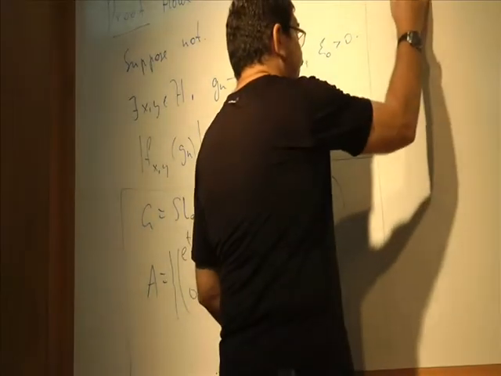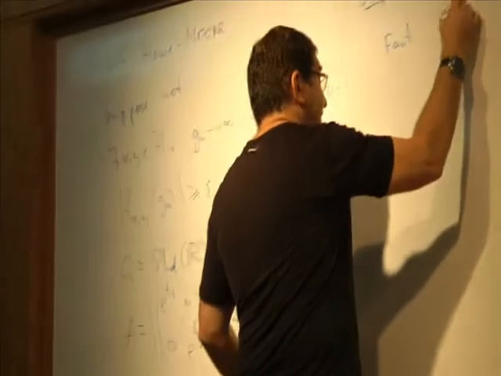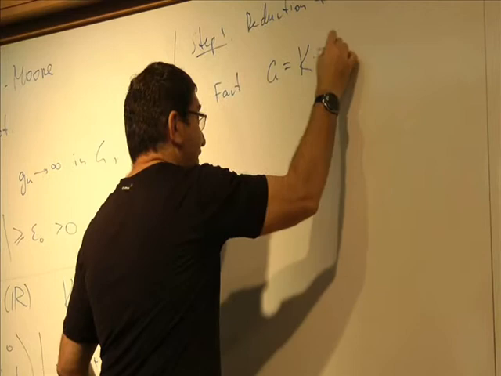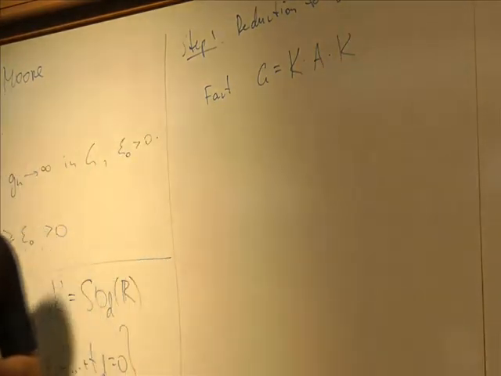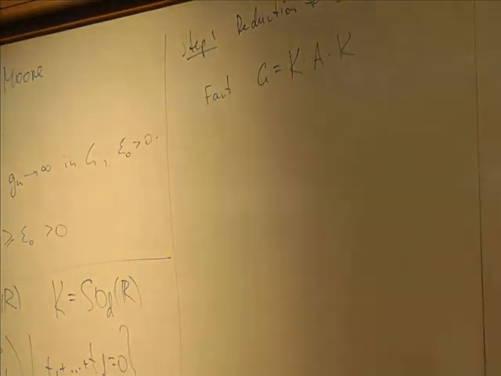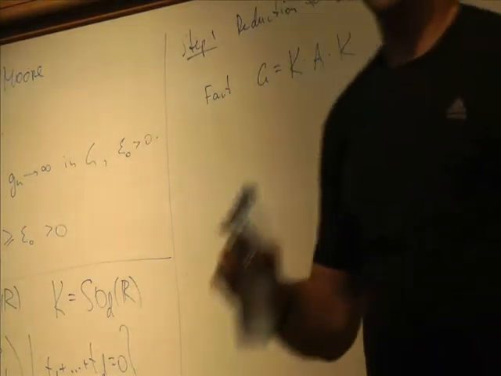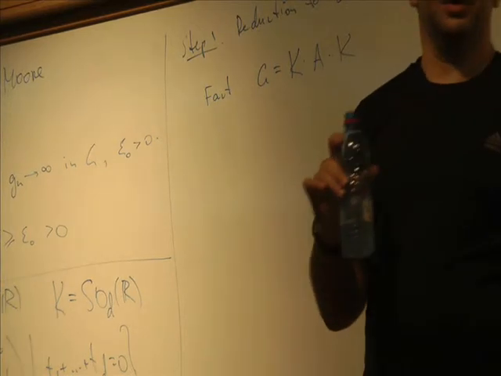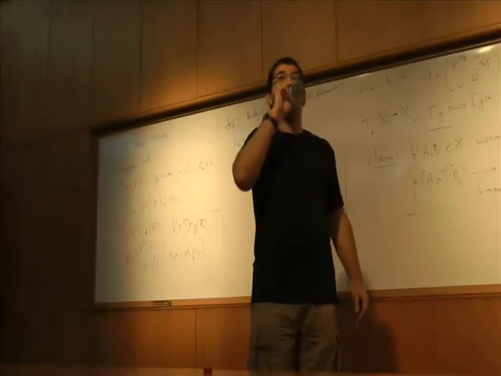And here is a fact, and that is that G is KAK. Every element of G can be written as a product of orthogonal, followed by diagonal, followed by another orthogonal. Well, it could be the same orthogonal, but usually not.